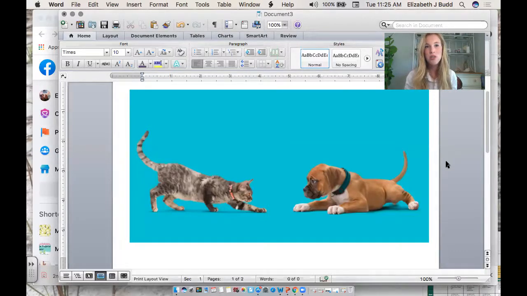Some of the things that the students said were that both of them were animals, both of them had 4 legs, both had a tail, both have a nose and eyes, both have ears, both of them look like they don't like each other very much, both of them have fur, both of them have a body, both of them have a head, both of them have collars on that they're wearing.